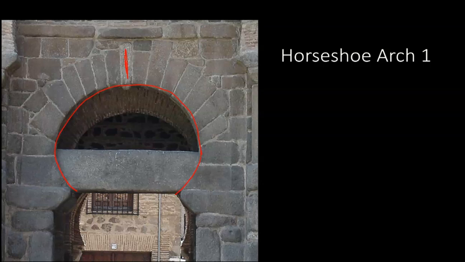So it kind of looks more like a horseshoe. And then a lot of times you get that kind of curving back outward in one of the stones. Now, this is going to have a lot of the same strengths and weaknesses as the Roman arch. It'll be pretty well load bearing as the Roman arch.